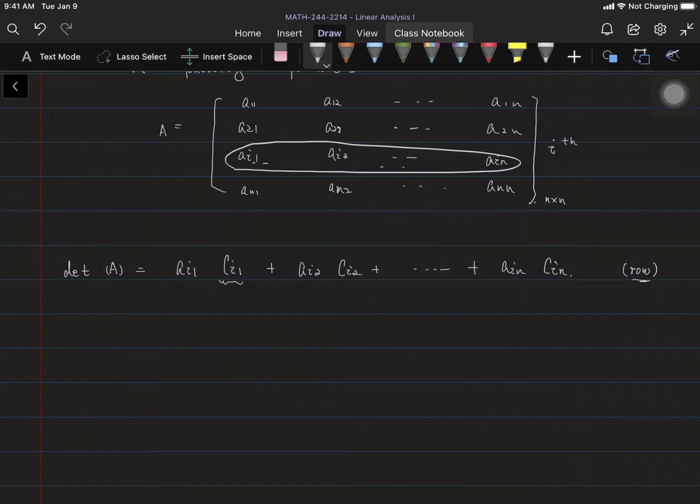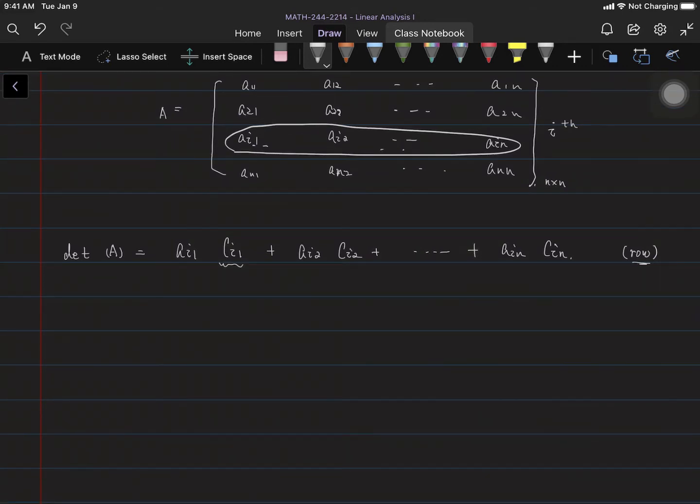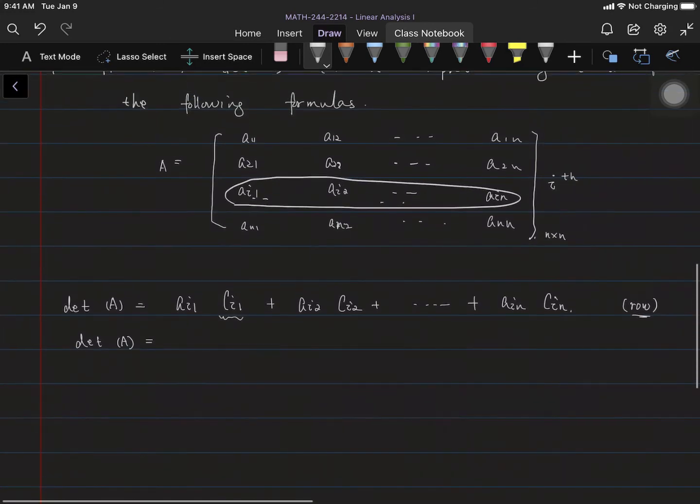Using the row. The other formula: we can also expand the determinant of a matrix by a column. For example, we can use any column, the jth column. If this is the jth column, it should be A1j, the first row, jth column, then A2j, up to ANj.